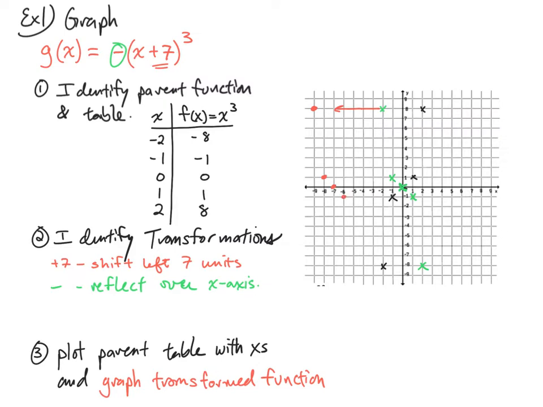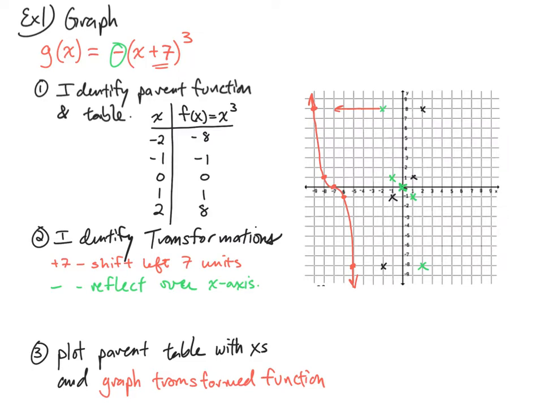Move that one left 7. There we go. That is the final resting place for our graph. So all we have to do is come in, draw it absolutely perfectly. There we go. That's not bad. And we have our transformed function.